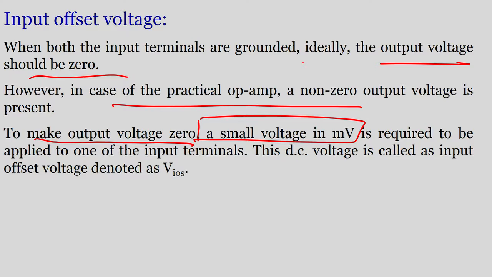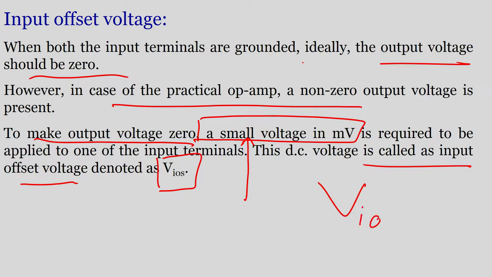This small voltage which is required to make the output voltage 0 is called the input offset voltage, and it is denoted by VIOS. Easy to understand what is input offset voltage, but how to calculate it.